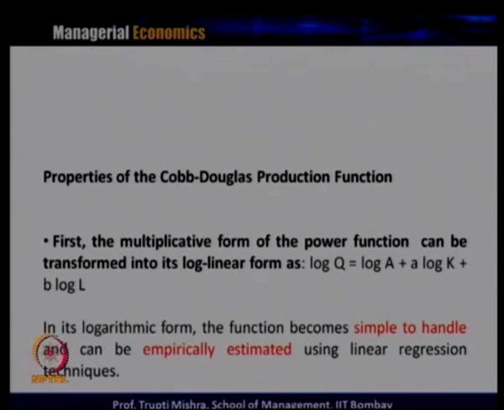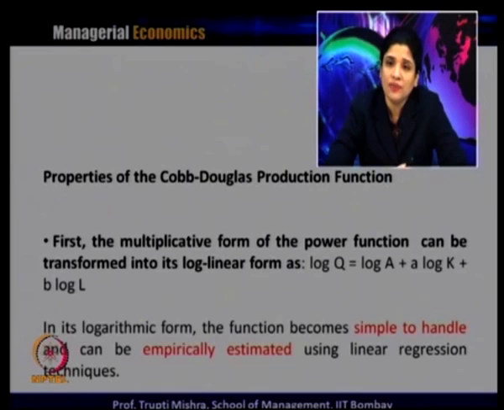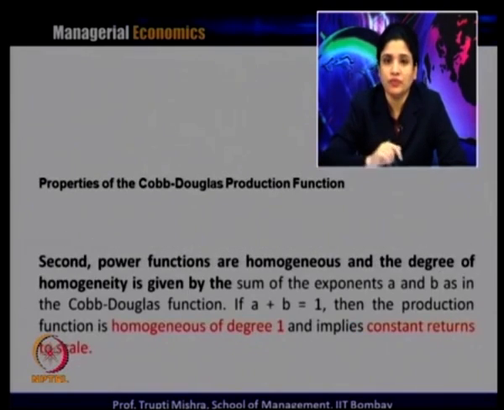What is the benefit of transforming it into a log linear form? It becomes simple to handle, and when we are doing an empirical analysis using the Cobb-Douglas production function, it is easy to handle, and using the linear regression technique we can empirically estimate it.